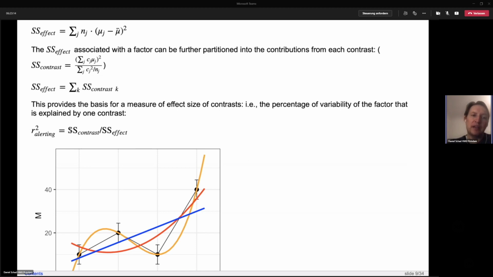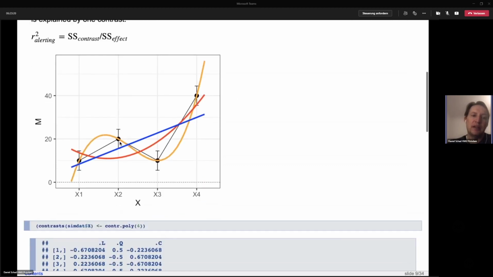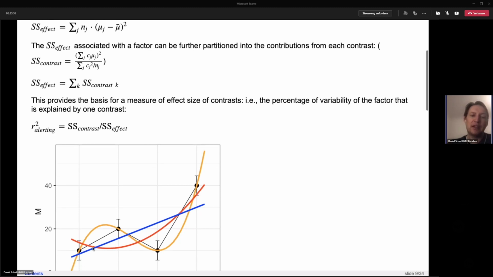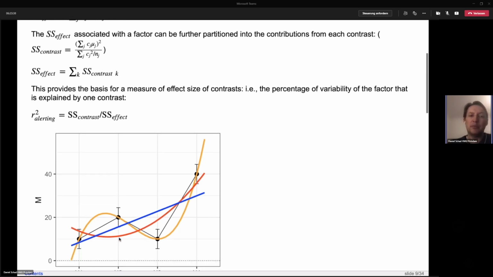You compute that by taking the sum of squares explained by one contrast and dividing it by the effect sum of squares. If this R squared alerting is close to 1 for one contrast, it tells us that this contrast really explains all of the effect. So maybe there's just the linear effect. If the R squared alerting is low for all of the contrasts, it tells us that the effect of this factor can be explained only by combining all the different contrasts.